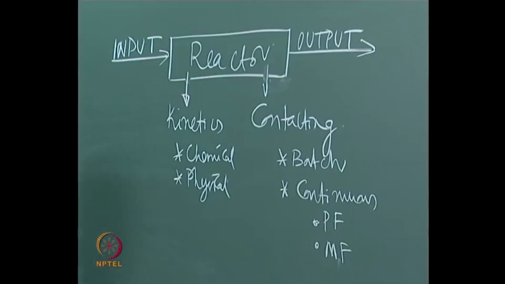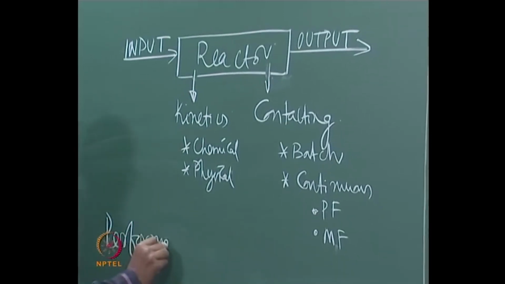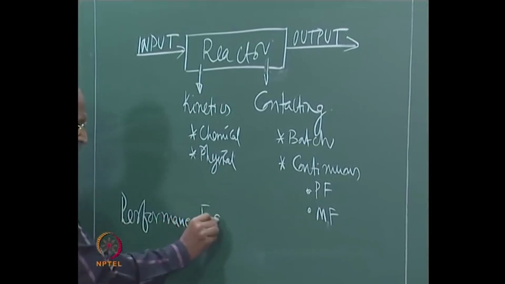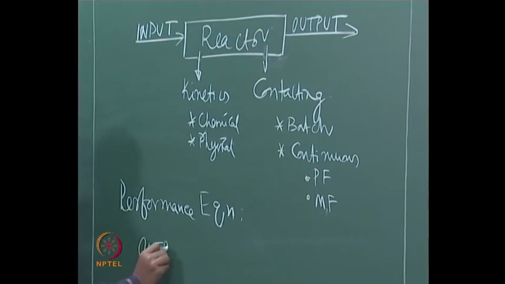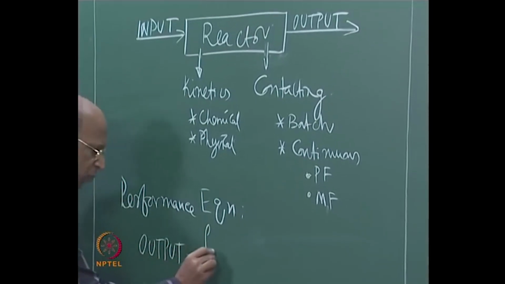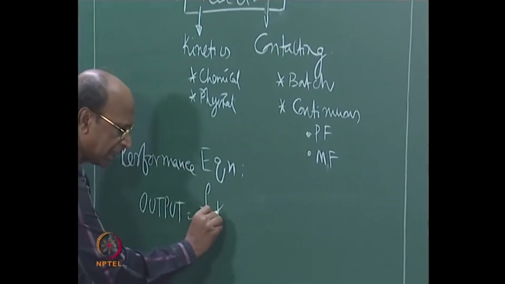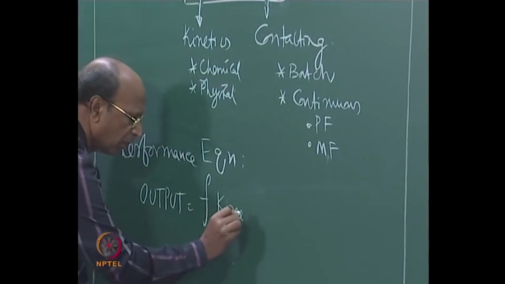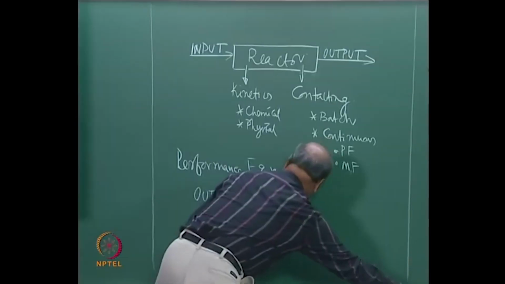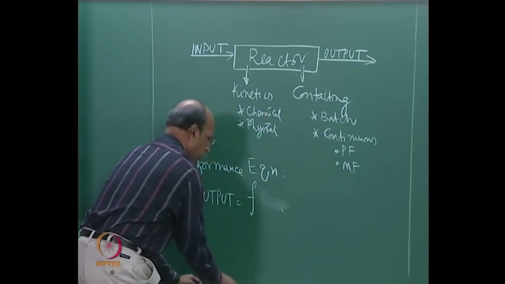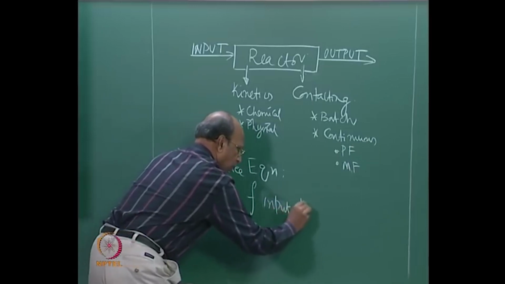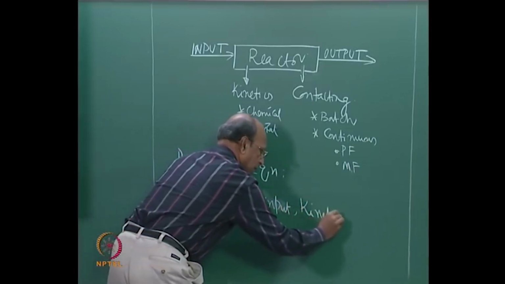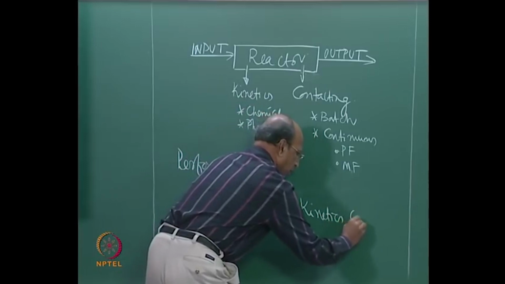Okay. So, then the performance equation is given by this: output is a function of, no, first input, yeah, input, kinetics and contacting.